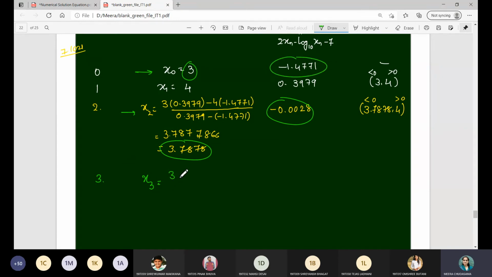So that is, it is 3 into 0.0028 minus 3.7878 into minus 1.4771 divided by this minus this, that is evaluate it.